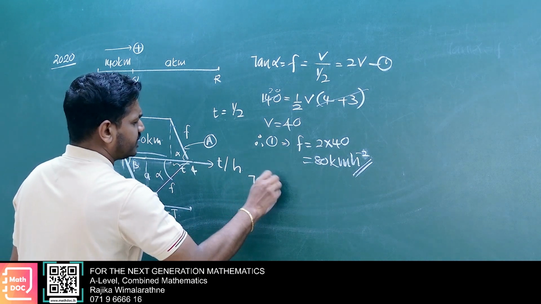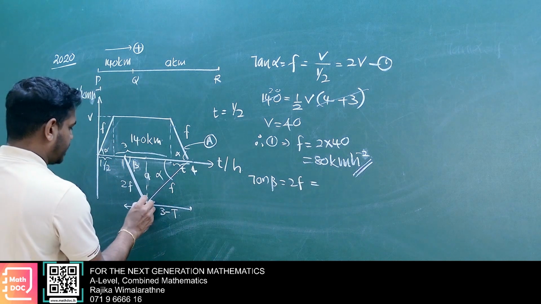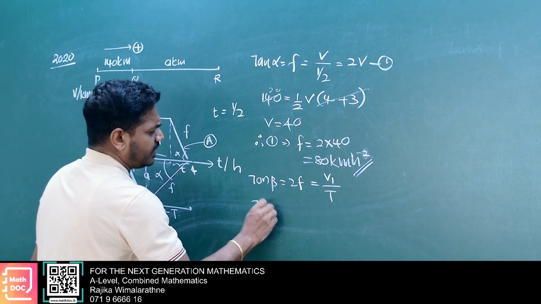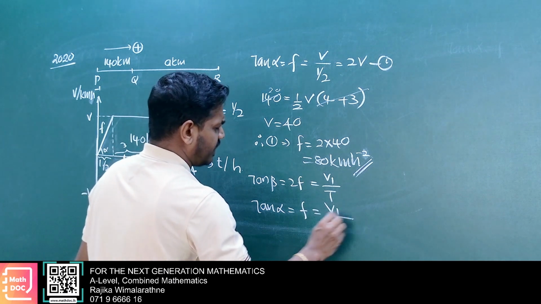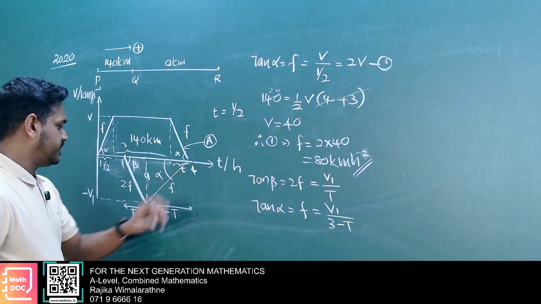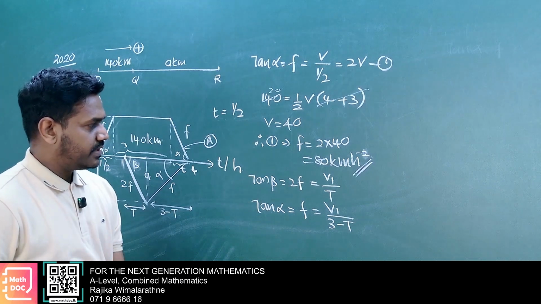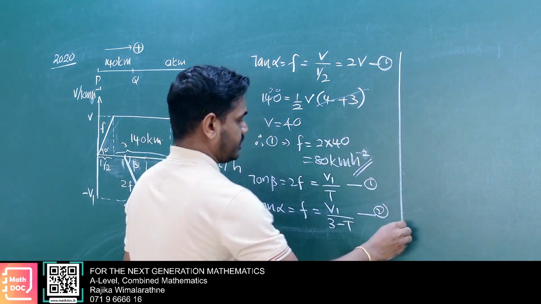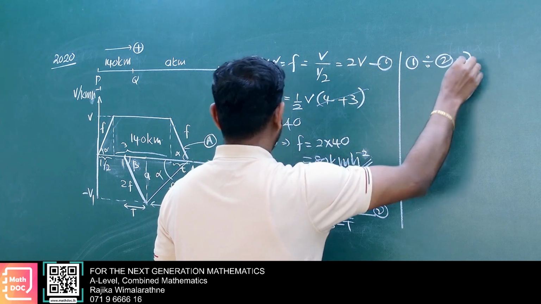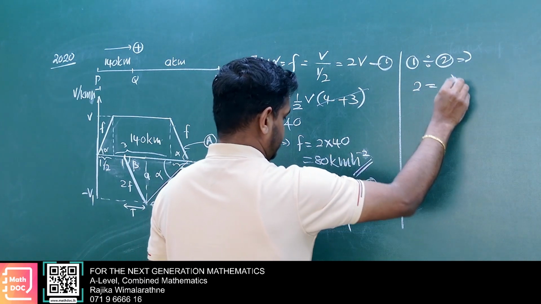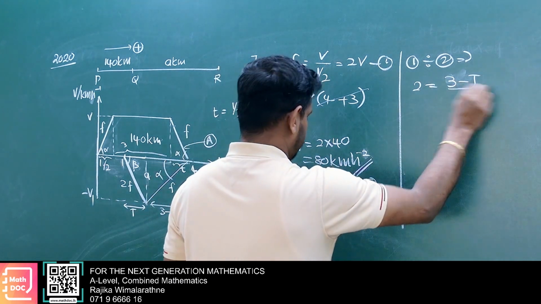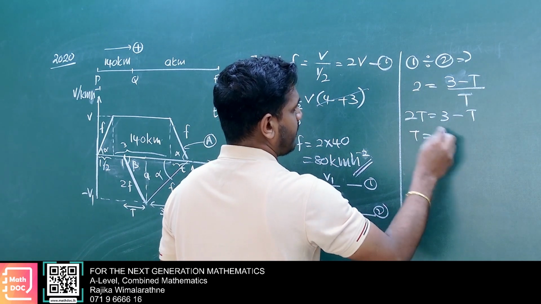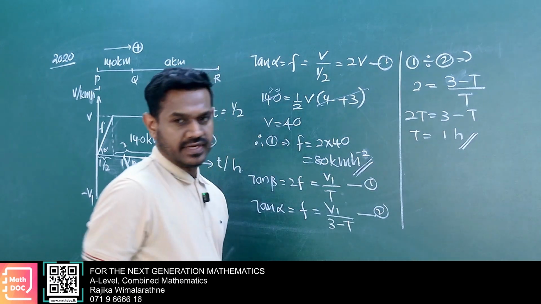Tan beta equals 2F, taking velocity V1 over T. Then again tan alpha equals F, V1 over 3 minus T. Here the time gap is 3, no? 3 minus T. Now we can divide them, then you can easily obtain the V1 value. 1 divided by 2 equals 3 minus T over T, V1 cancels. So 2T equals 3 minus T, which gives T equal to 1 hour.